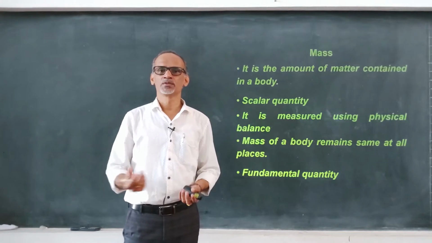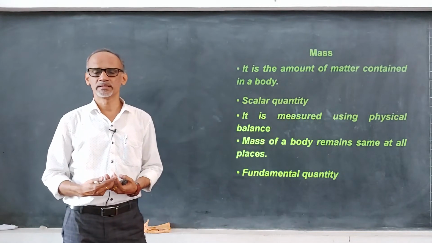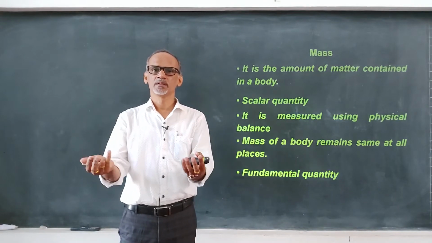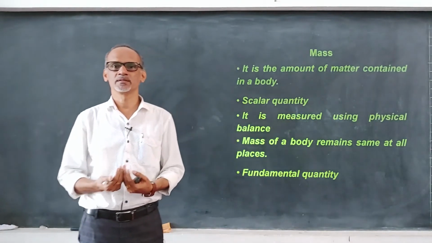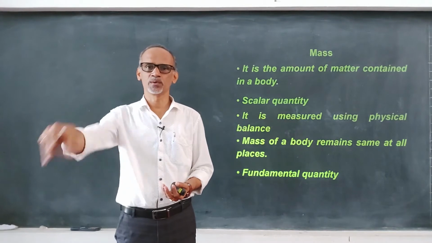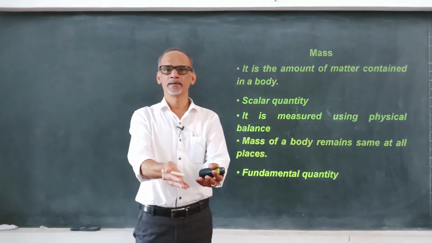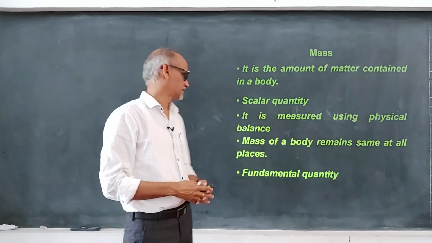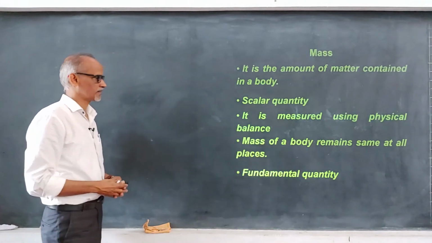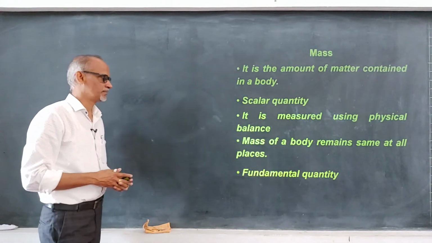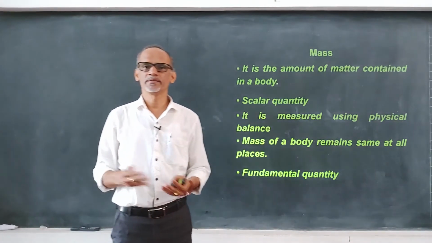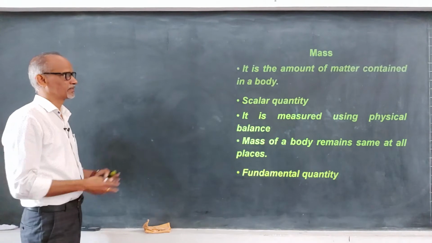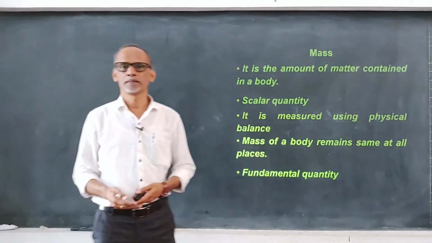Nowadays they use digital, but in good old days, and in some shops still, they use the physical balance, where a standard load is placed on one side and the object whose mass is to be measured is kept on the other side. The mass of a body remains the same at all places. So mass does not vary from place to place, and it is a fundamental quantity. So this is about mass.